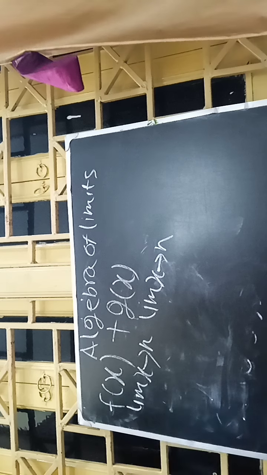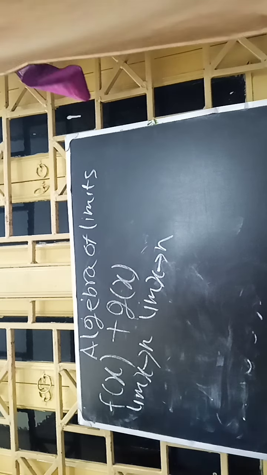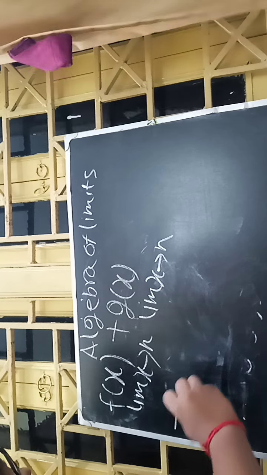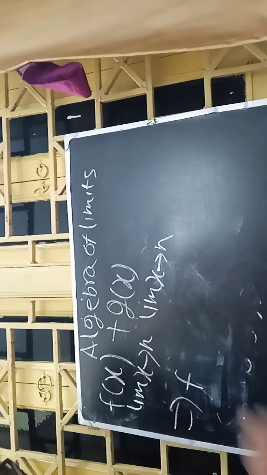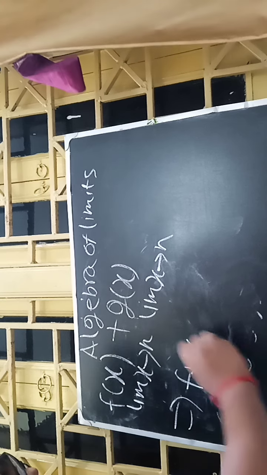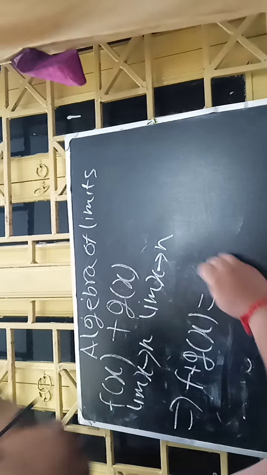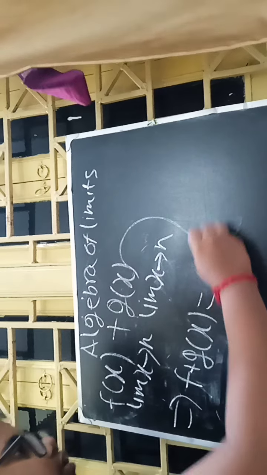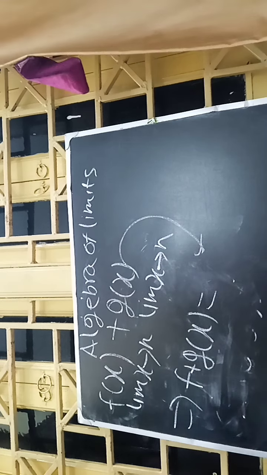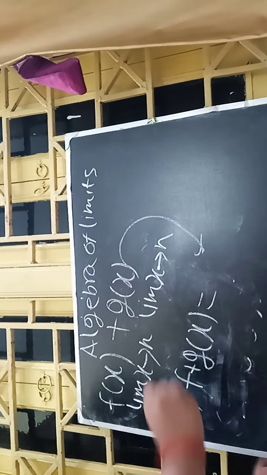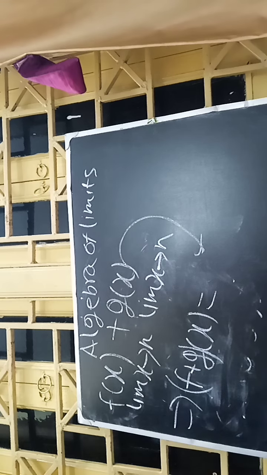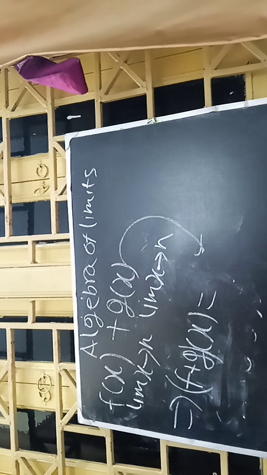Both of them should tend to n. Remember that point. Then the limit of f plus g of x is equal to this. Okay, so this is the first rule for algebra of limits.